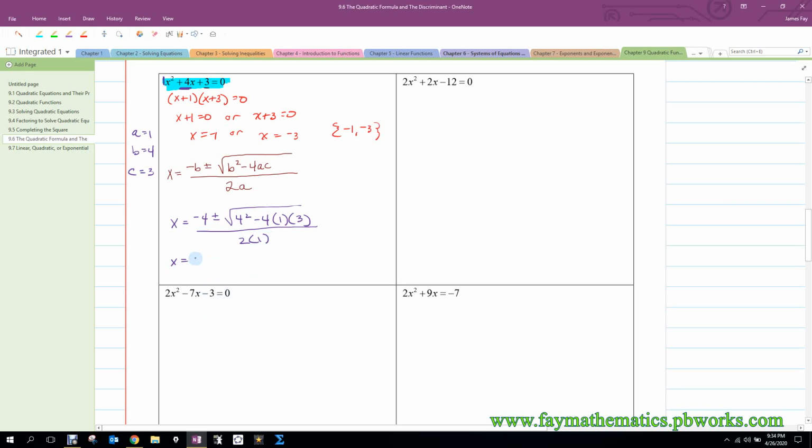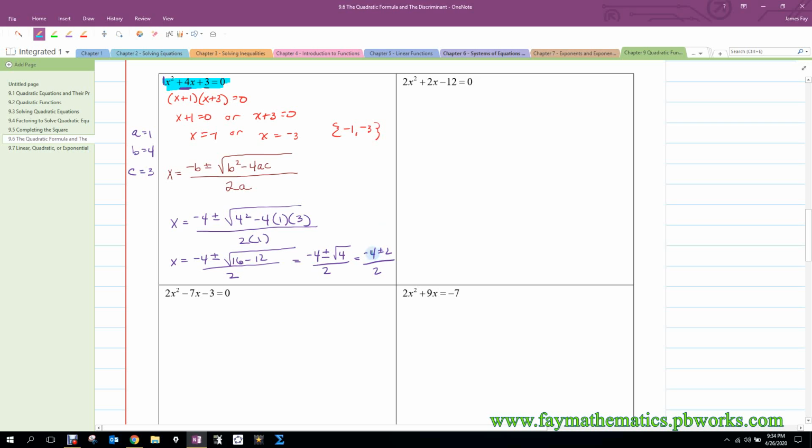So now it's going to be x equals -4 plus or minus, 4 squared is 16, minus 4 times 1 times 3 is 12, so minus 12, all over 2. Okay, so that's going to be -4 plus or minus root 4, all over 2. And now I get -4 plus or minus, the square root of 4 is 2, so plus or minus 2, all over 2.